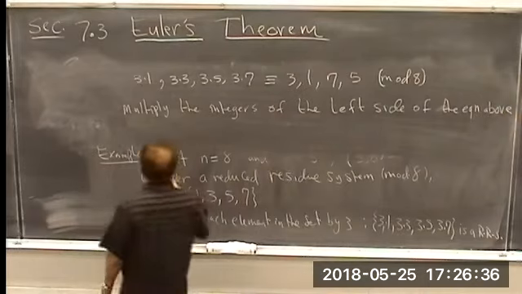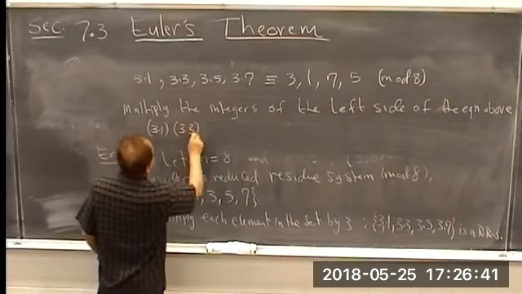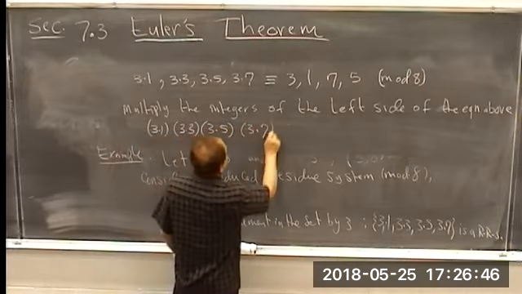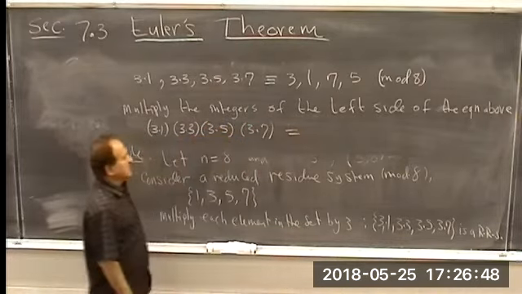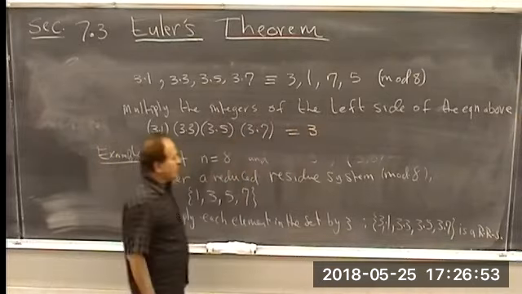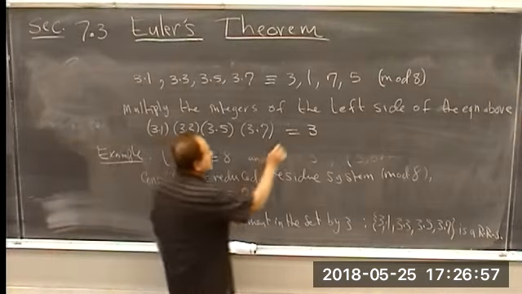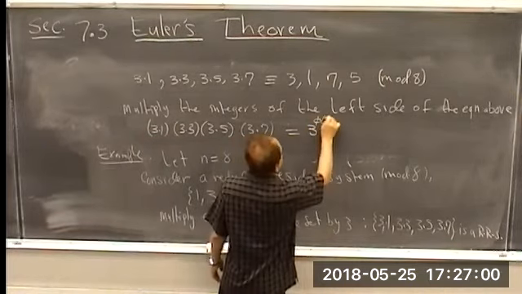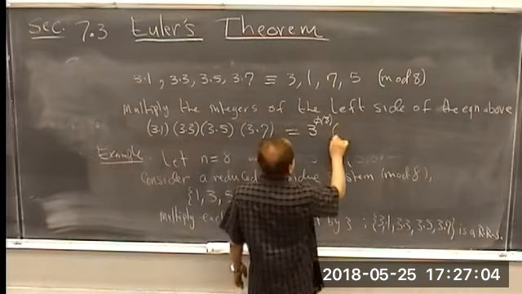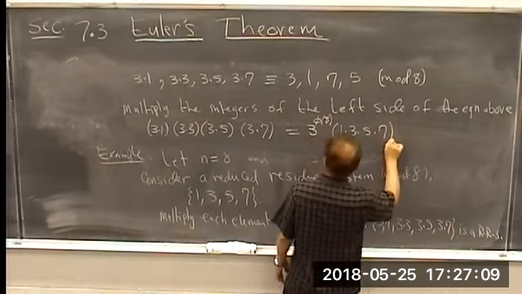We get 3 times 1, 3 times 3, 3 times 5, 3 times 7. And this is equal to, there is a 3 that appears 4 times, and this 4 times is actually phi of 8. And then we have, of course, this is multiplied by 1, 3, 5, 7. All right?